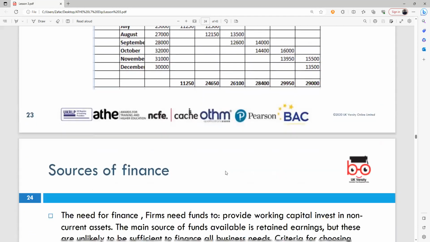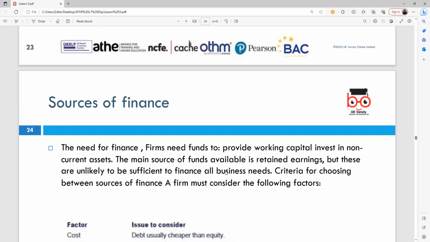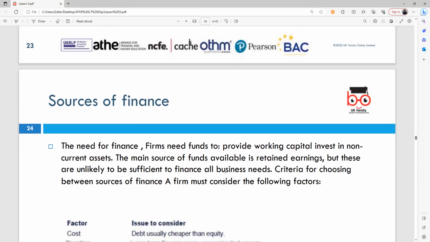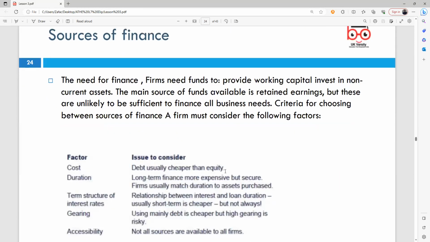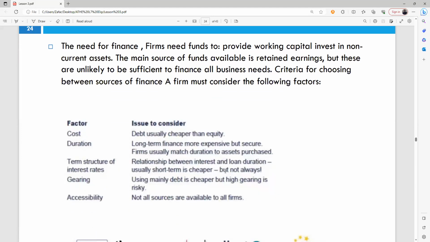Now, the sources of finance. The minus figure has gone up, and we want to know where we have gone wrong, what the problem is. This is the cash budget, and we want to know where we can get sources of finance. There are different sources of finance a company can have, depending on how much they need, how much they're going to invest, and how long they're going to invest.